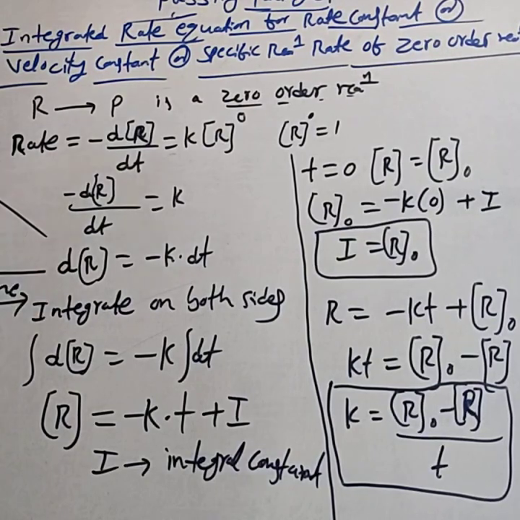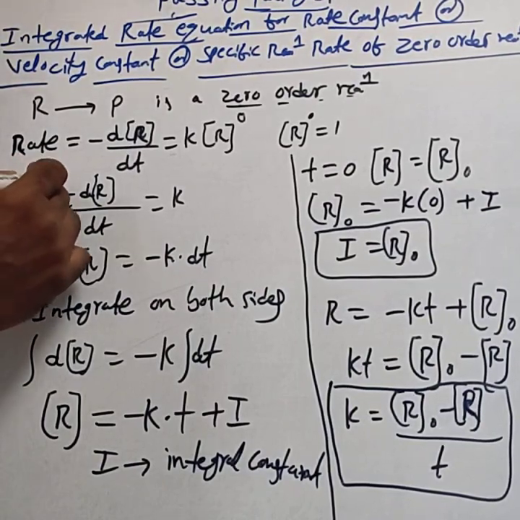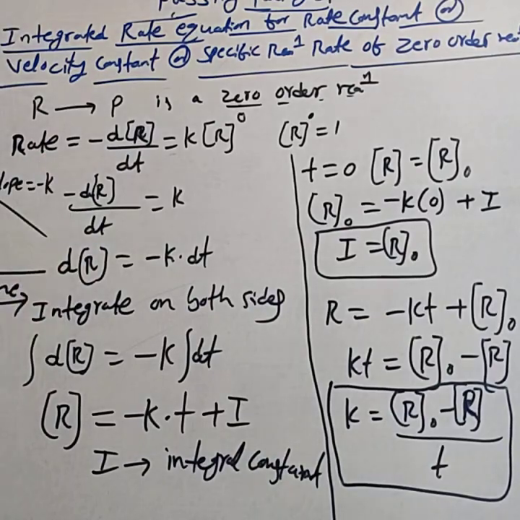Even sometimes they can ask for 1 mark for the intercept value. Draw the graph of R versus time. The intercept value is R naught, and if you calculate the slope, it is equal to minus k. You have to practice this graph also.